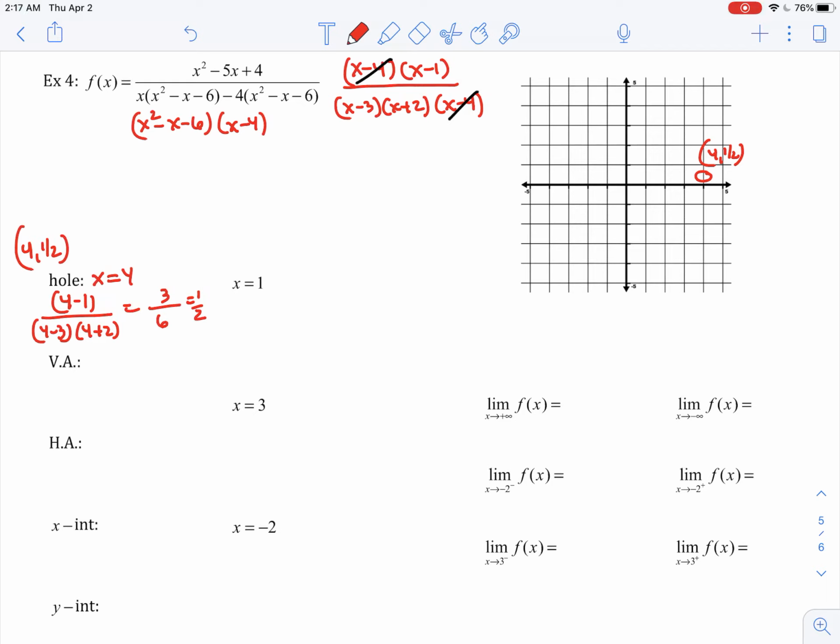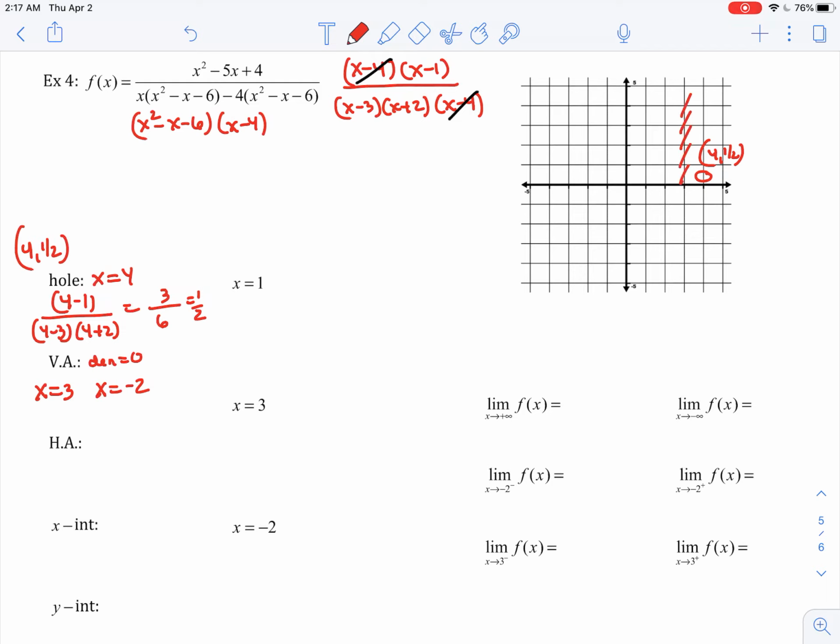Our vertical asymptotes for our rational functions, recall, are where our denominator is equal to 0. And so we have two values now with our simplified rational function where our denominator would equal 0. So we have two vertical asymptotes, one at x equal to 3 and one at x equal to negative 2.